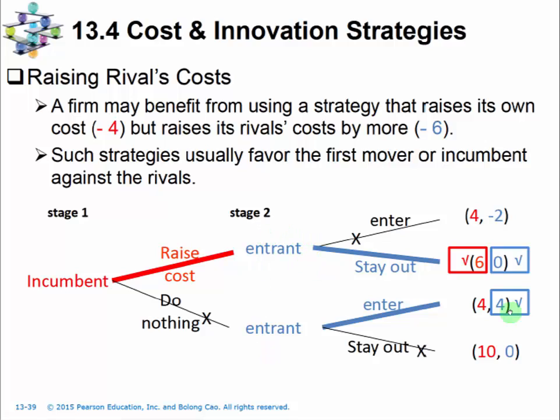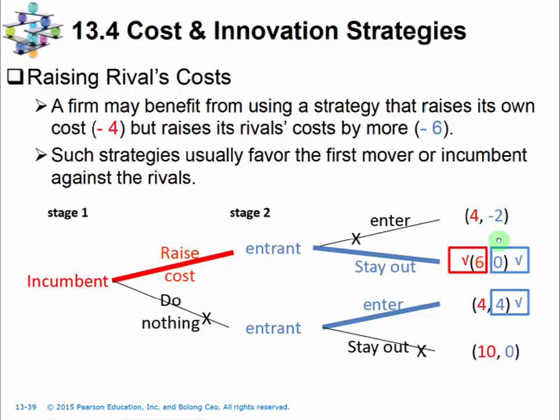That means if the rival enters into the market, instead of making this 4, the rival will lose 2 because of the high cost of regulation. That high cost is 6. 4 minus 6 is minus 2. So on the top branch, the entrant looks at this subgame after the incumbent has raised its cost for entering into this market.